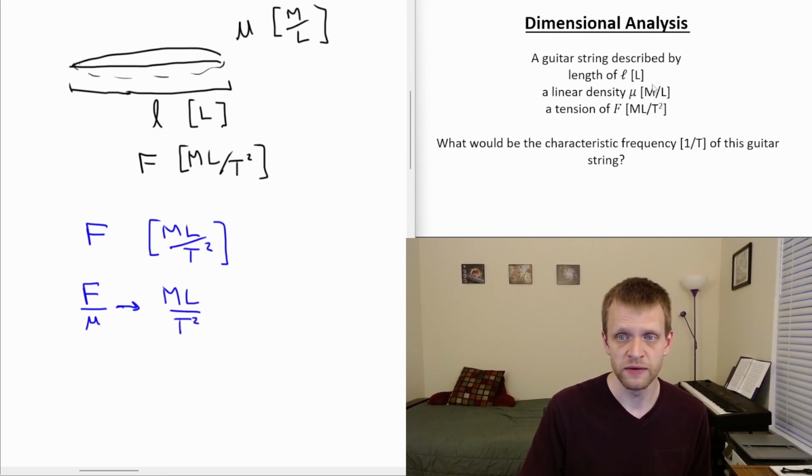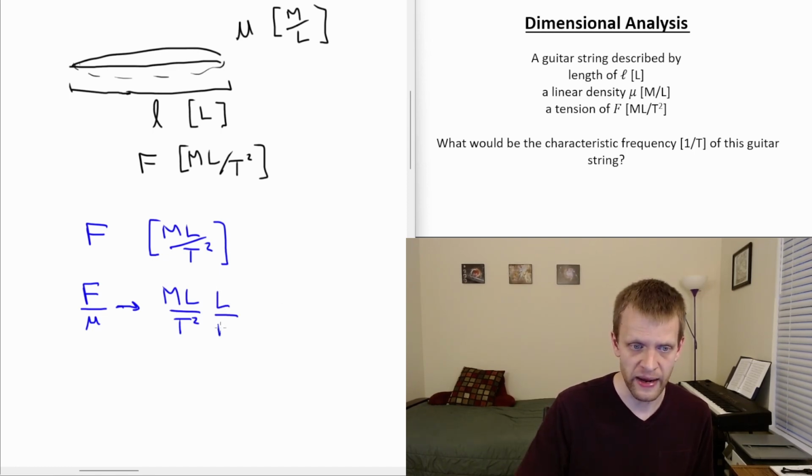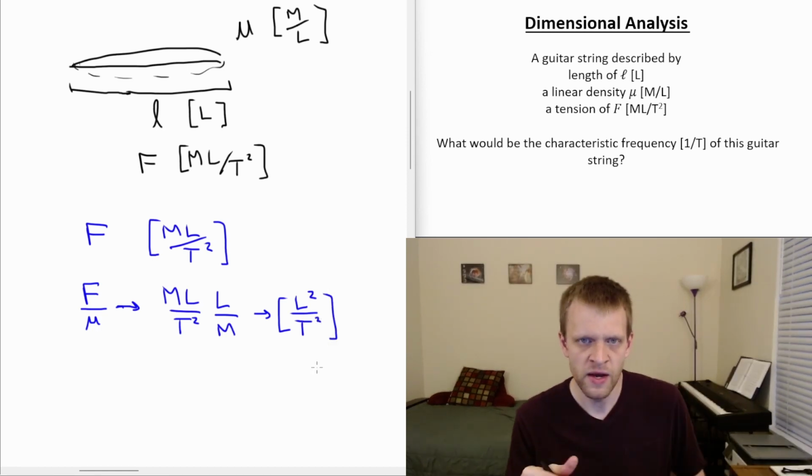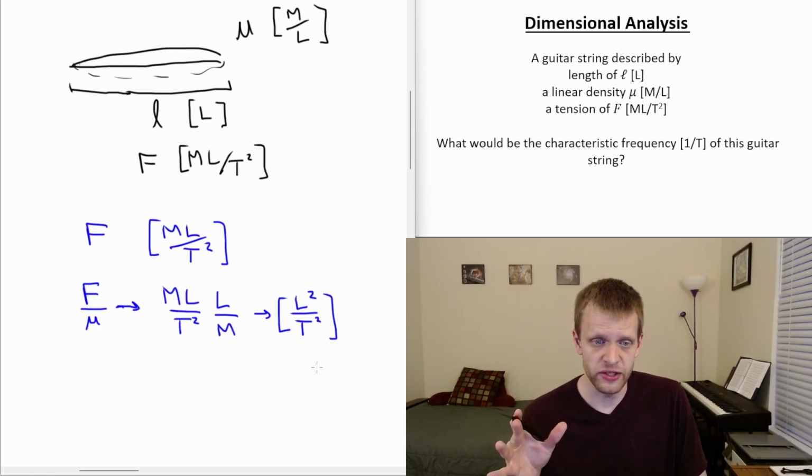Well, that would be multiplying by the reciprocal, so that would be length over mass. When we combine those together, the mass would cancel out, and we get units of length squared over the period squared. So that tension divided by the linear density gives us length squared divided by time squared.